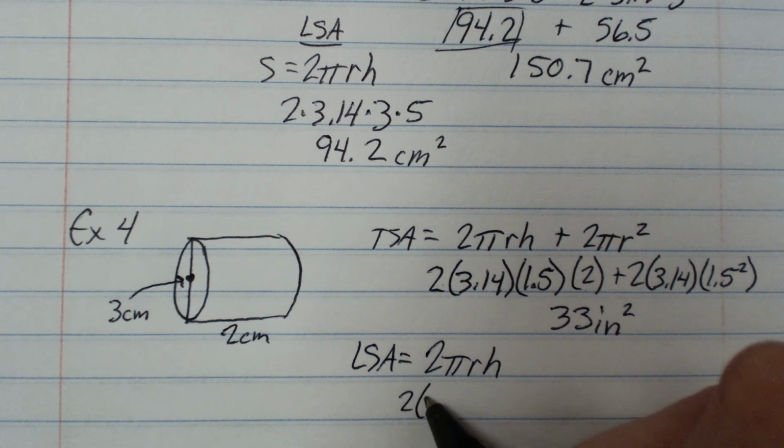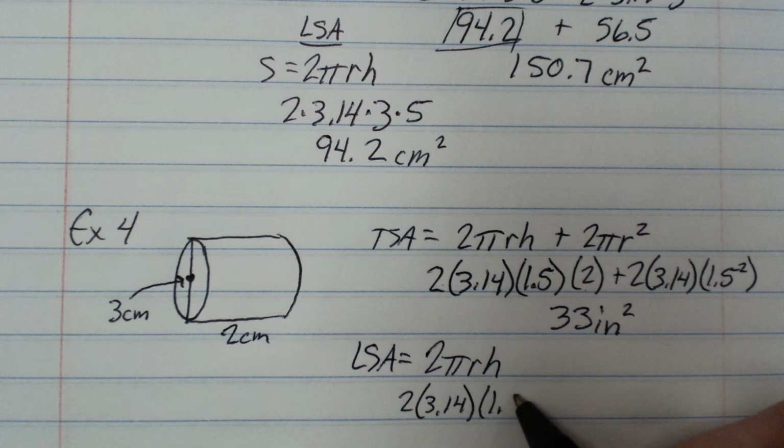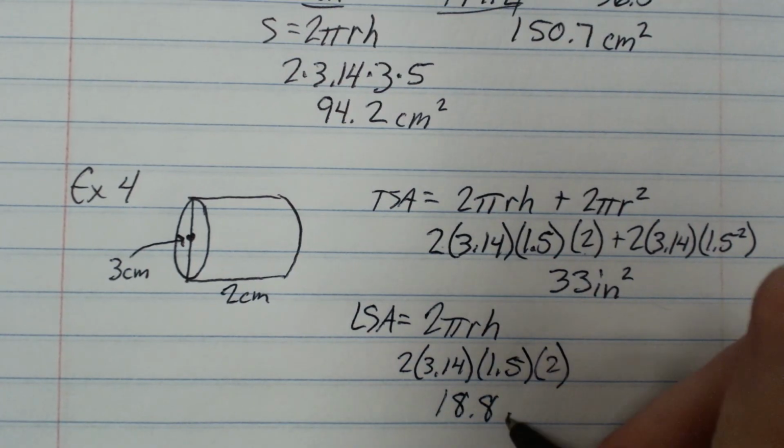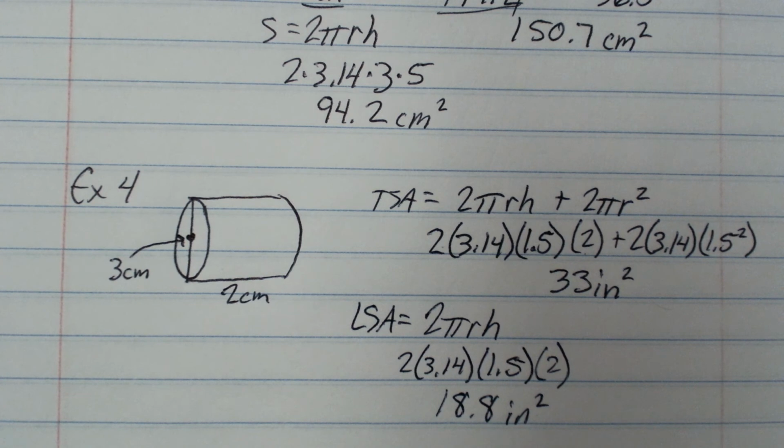So 2 times 3.14 times your radius times your height. And that comes out to 18.8 squared. Okay, so those are the two examples that we went over today in class. Those should help you with your homework.